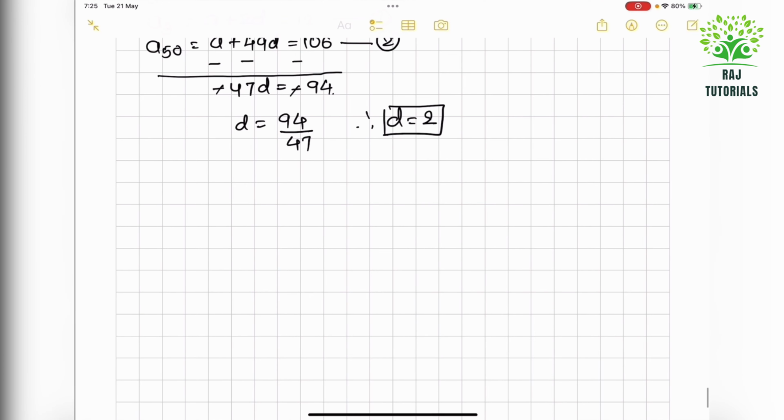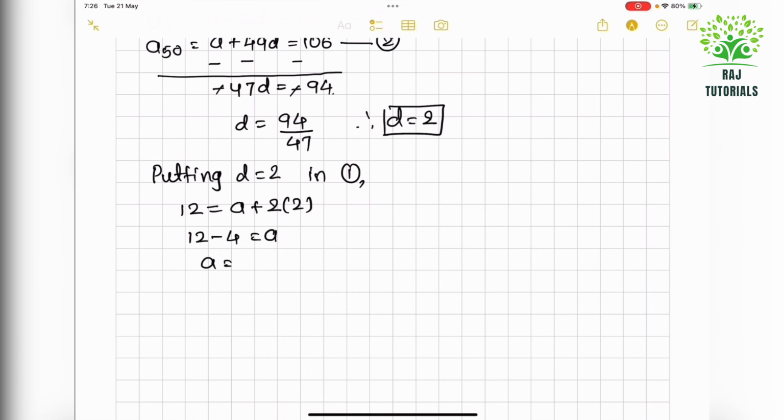Now I got the value of D. Putting D equal to 2 in equation 1, I will get 12 equal to A plus 2 into 2. So 12 minus 4 equal to A. So A equals 8. Now I am asked the A29 term.